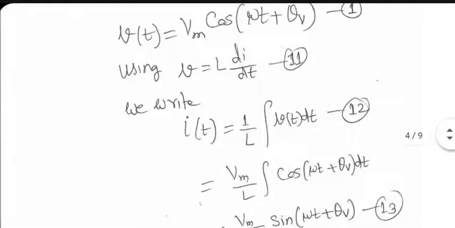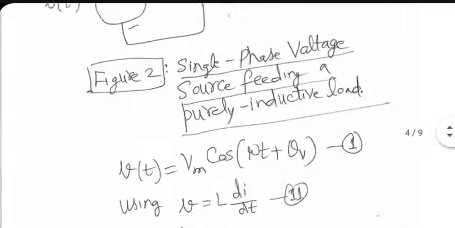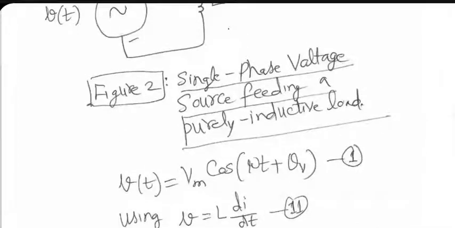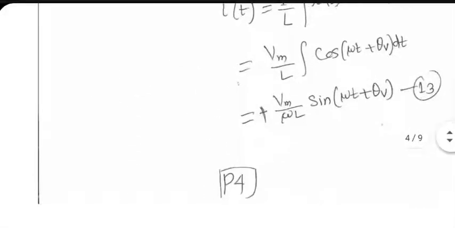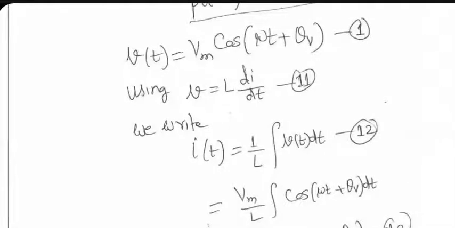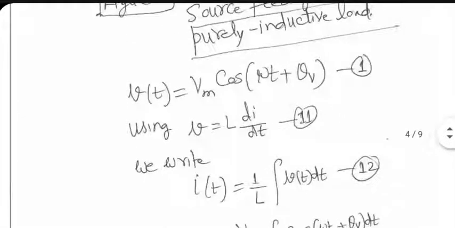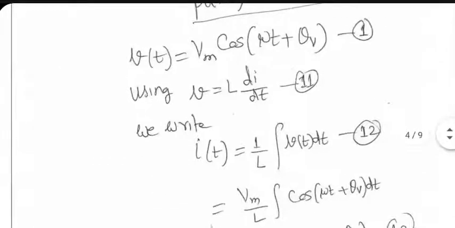So the current works out to have a sine function, not cosine function, which was in the voltage. That means there is a 90-degree phase shift between voltage and current in case of a purely inductive load. Lot of motors are actually quite inductive.